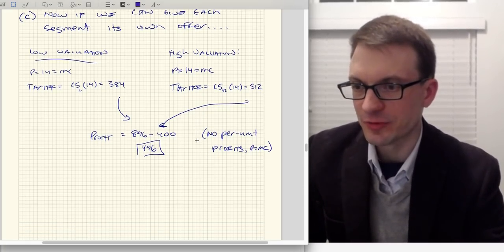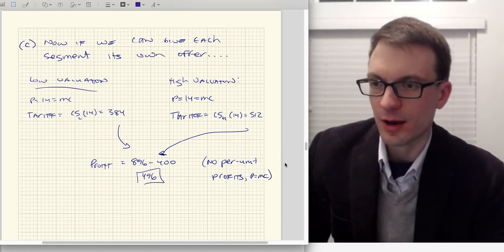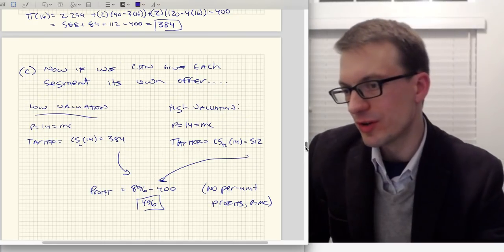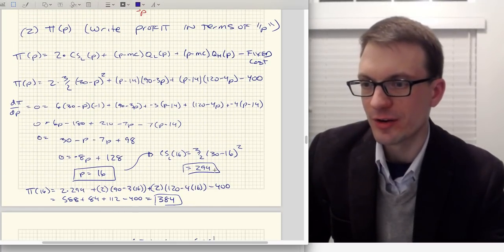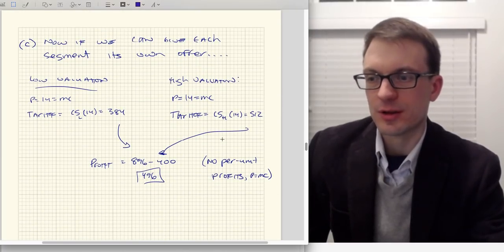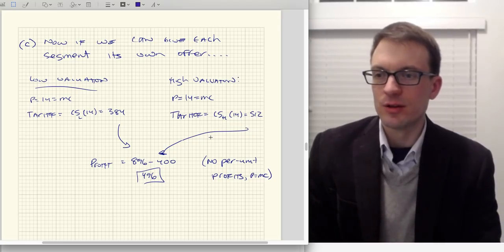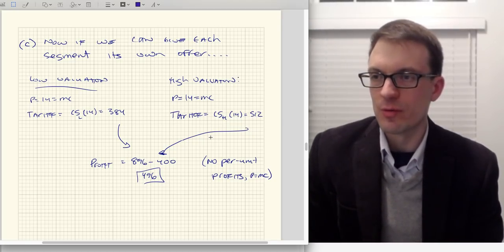Okay, so that's the last part of this problem, and in comparison, this 496 would be much higher than this 384, but clearly the information requirement to be able to make this happen is a lot higher, right? You essentially need to be able to practice third-degree price discrimination.